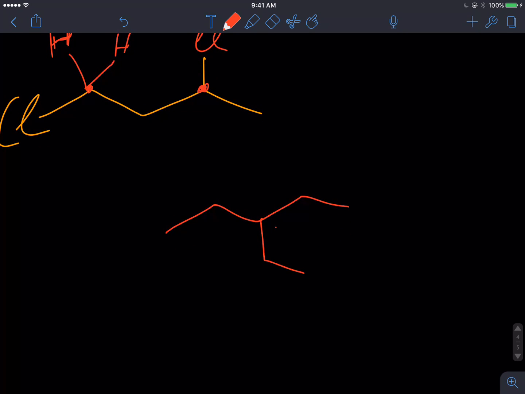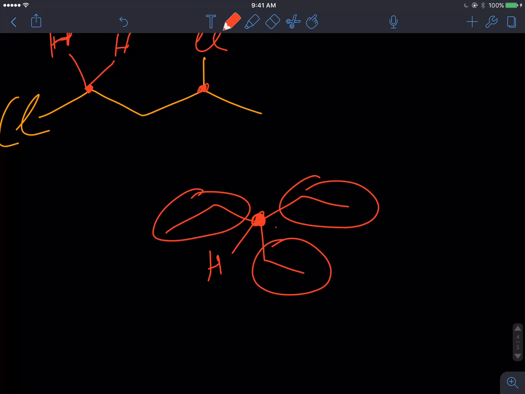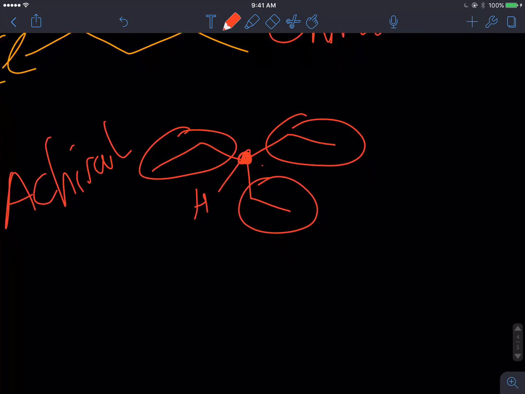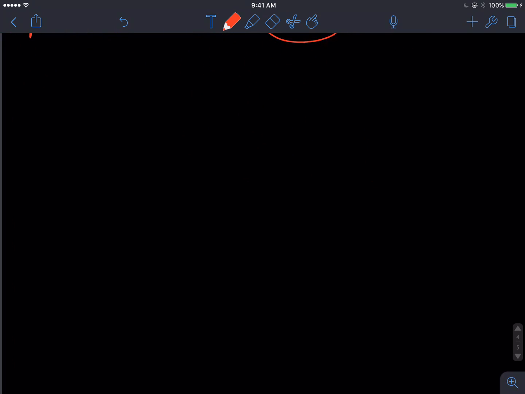They are symmetric. So when you look at this carbon, only one is different, and the other 3 groups are ethyl. So they are 3 the same. So this one should be chiral, right? And the one right here should be chiral. Correct? Okay. And we finished the chiral center.